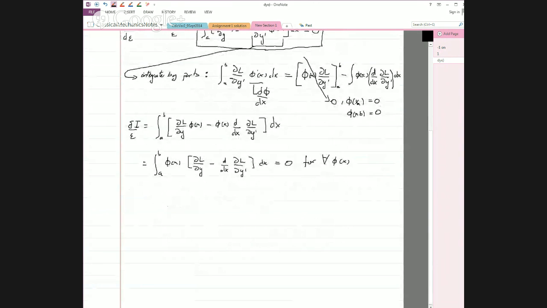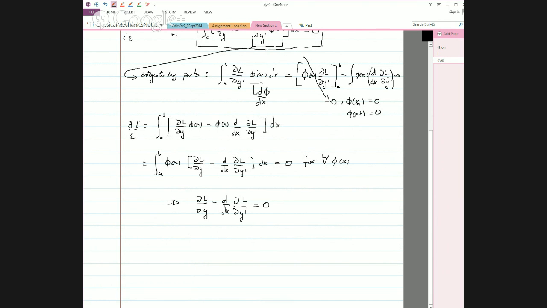And that's the key result: ∂L/∂y minus d/dx of ∂L/∂y prime equals 0. And I like to write this the other way around. Since it's equal to 0, I can swap the two terms.